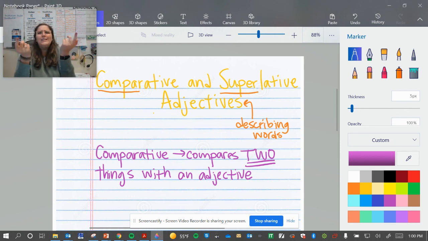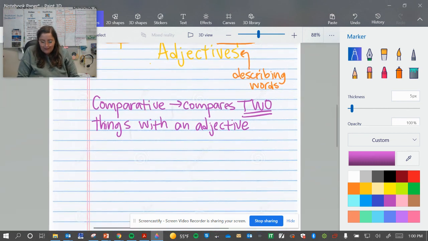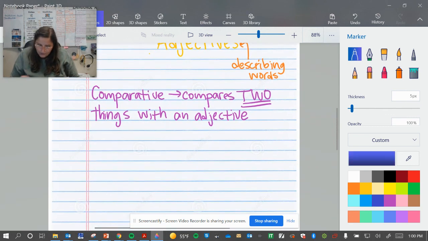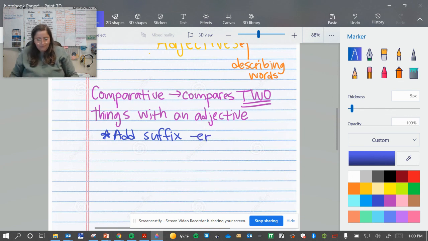What do you notice about all these words that I'm saying? They all end in what? Right, so we have the suffix. We're going to do a little star right here. We add a suffix. Remember, a suffix goes at the end of a word, and then we'll do a dash ER.